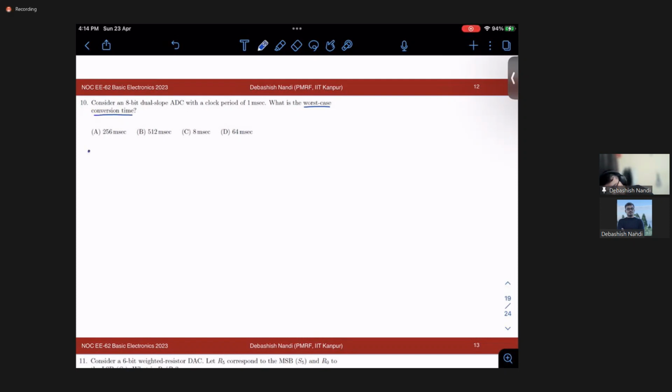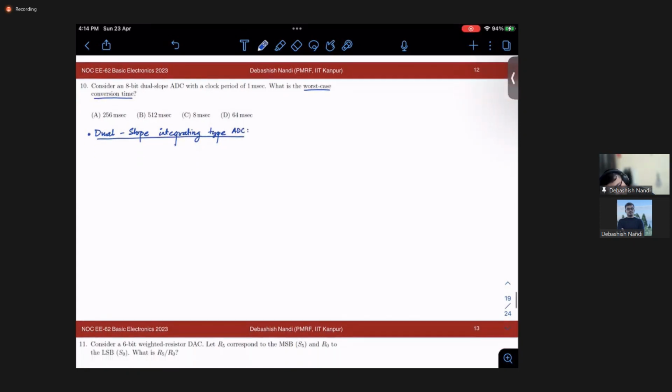So let me discuss briefly about dual slope integrating type ADC. You will see how the name has come about. So the heart of this type of ADC is an integrator.